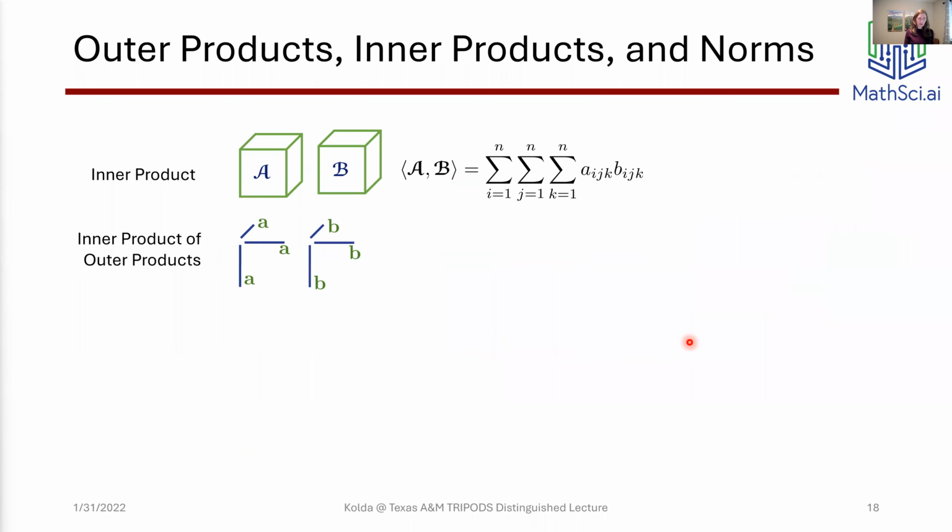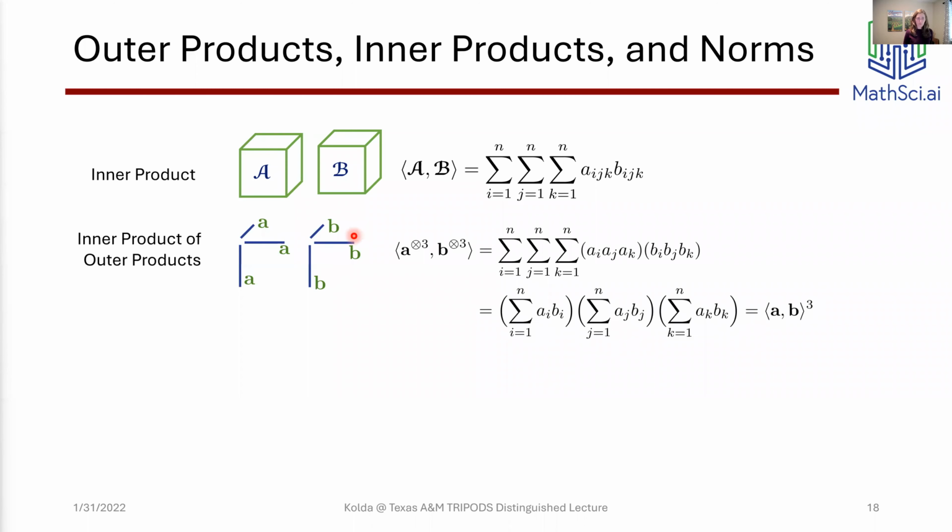If we look at the inner product of 2 outer products, say A is the outer product of a vector a to the 3rd, and B is just b to the 3rd, and we write down the ijk entry, we get ai times aj times ak, and likewise for b.